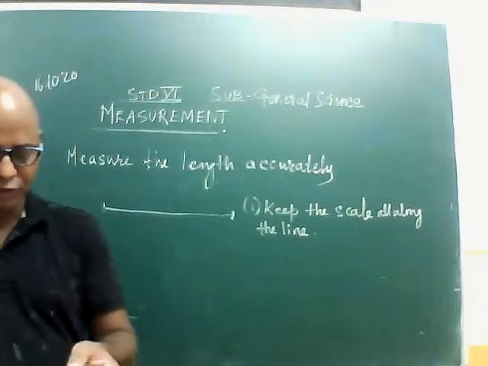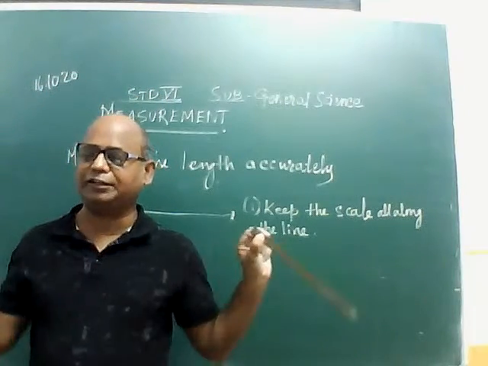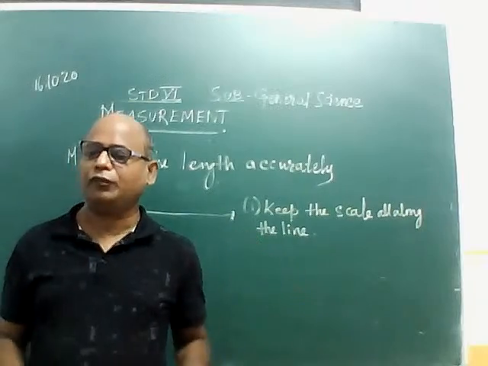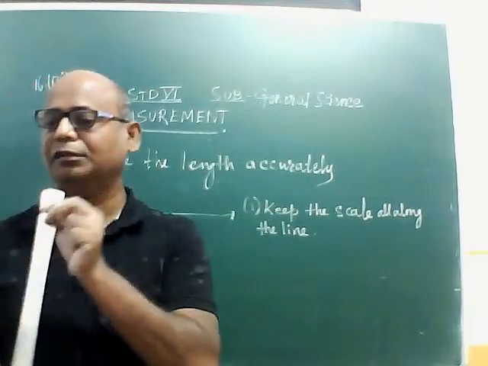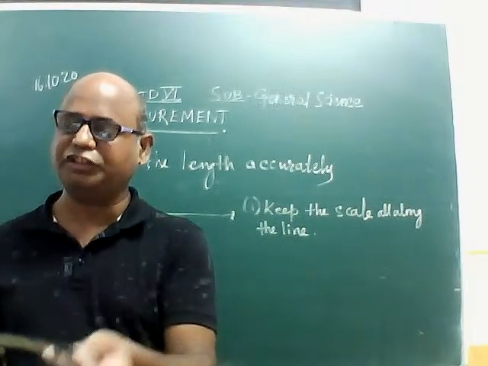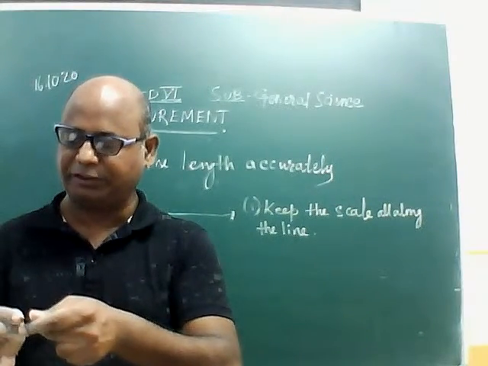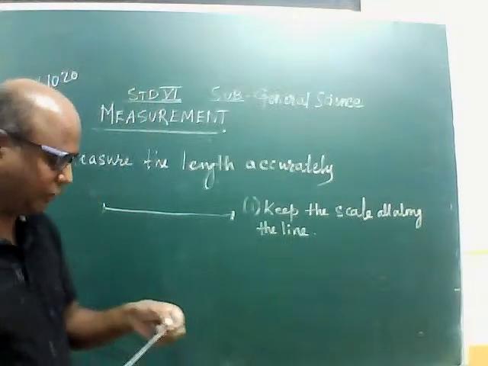What will we do? Suppose it is broken till 2 centimeter here. So we will not start there. We will start from which centimeter? The next point, 3rd centimeter, because it is already broken till the 2nd centimeter. So we will start from the 3rd centimeter. Okay.